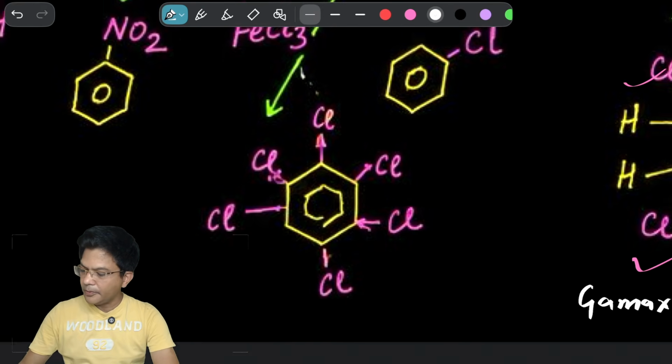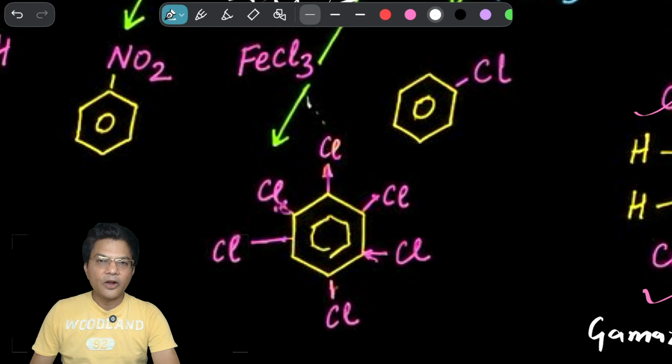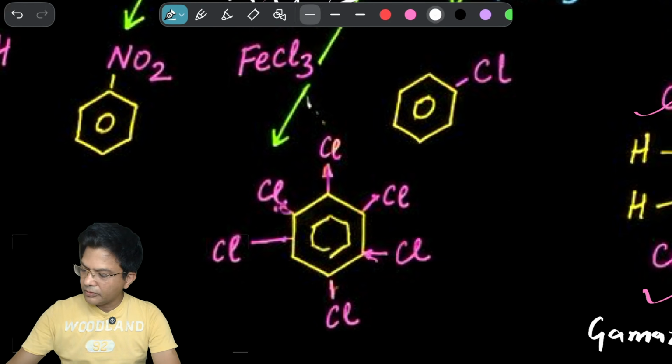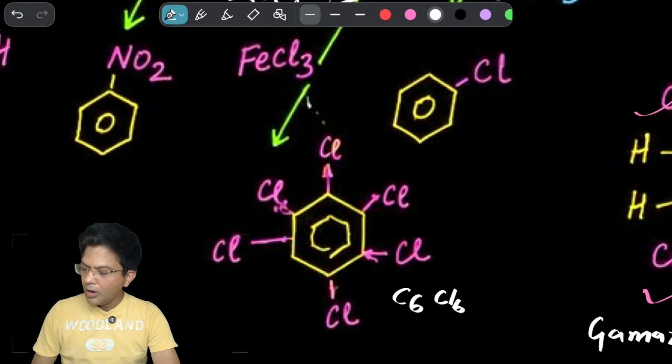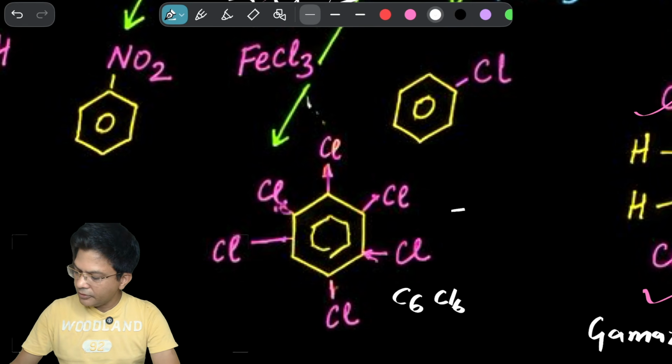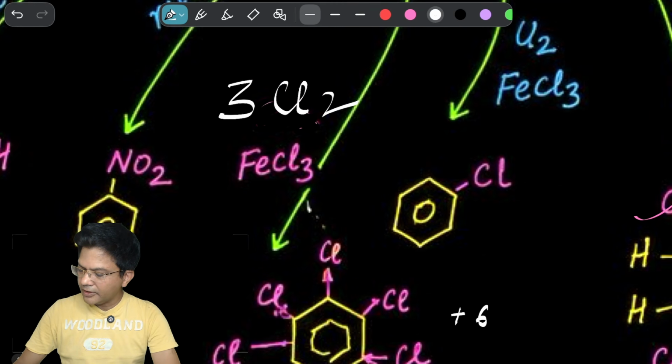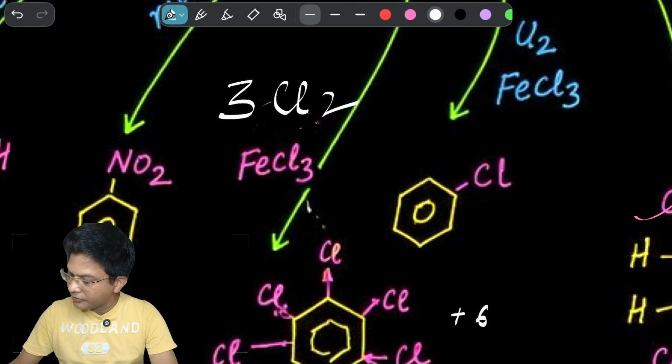It is aromatic, and it is C6Cl6. There is no hydrogen. The 6 hydrogens have gone. Now if I say 3 times Cl2, it's not working. I have to write 6 Cl2 because 6 HCl has to go.